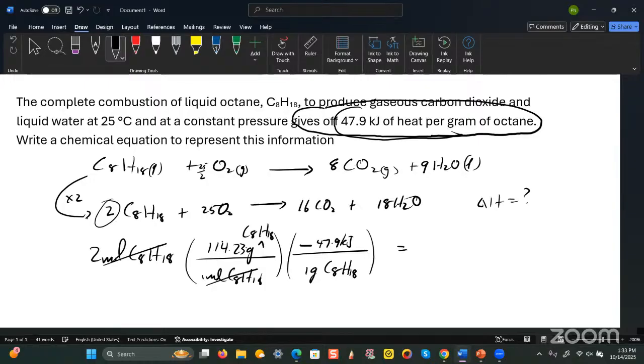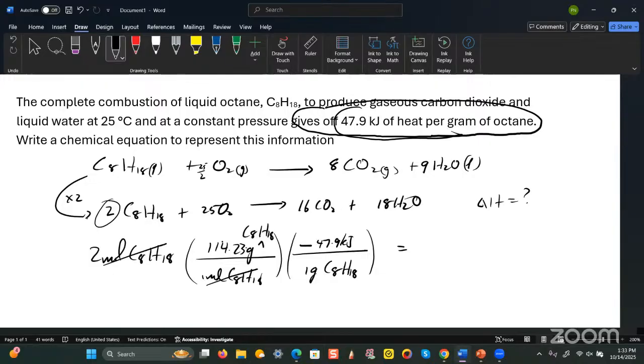And that's basically it as far as the setup is concerned. So 2 times 114.23 times minus 47.9, and that should give us our answer.